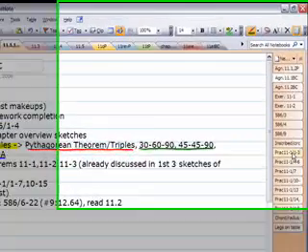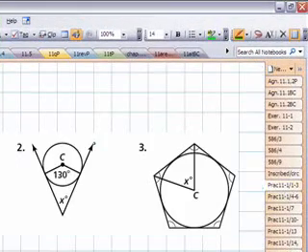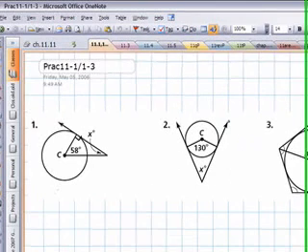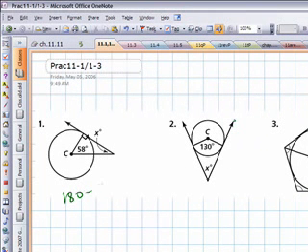So now some examples. Okay, over here we have a radius and a tangent line, which implies this is a right angle. So in this triangle there's 180 degrees. So to get angle x, you do 180 minus 90 minus 58, which is equal then to 32 degrees. Over here, because this is a tangent line over here, and these are radii, this will be a right angle, this will be a right angle.